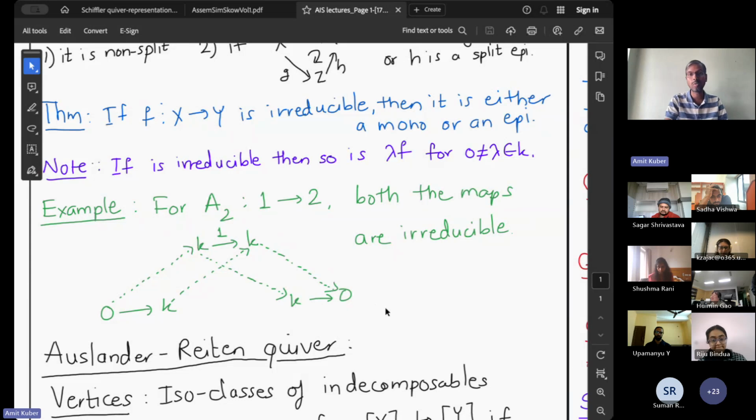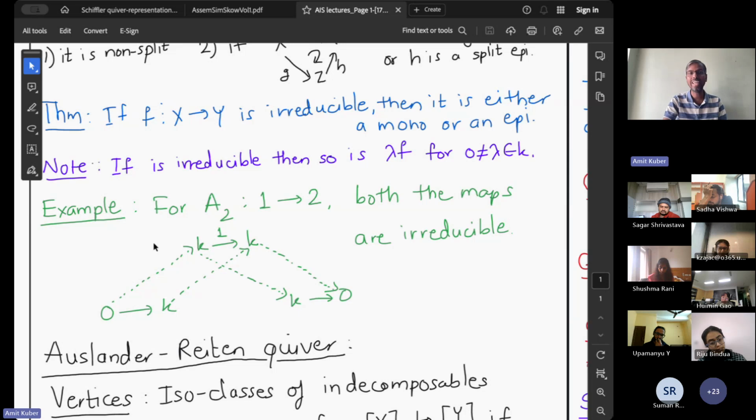They correspond to the positive roots, and there are only 3 roots, so you have dimension vectors (0,1), (1,1) and (1,0). I have shown you the morphisms. It's a simple enough exercise to verify that this inclusion of 0k into kk is actually irreducible, and so is the other surjection.